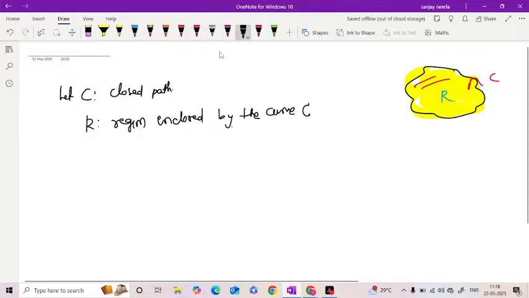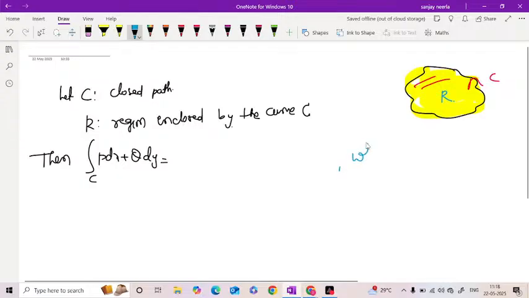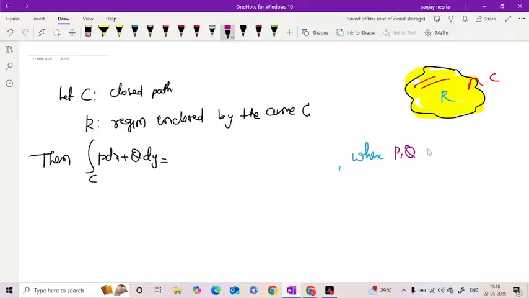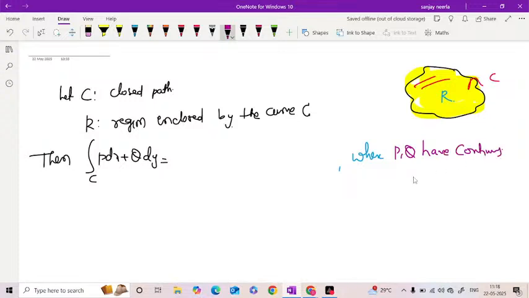And then the integral over C of P dx plus Q dy, this is the line integral, where P and Q are continuous functions and have continuous first order partial derivatives.